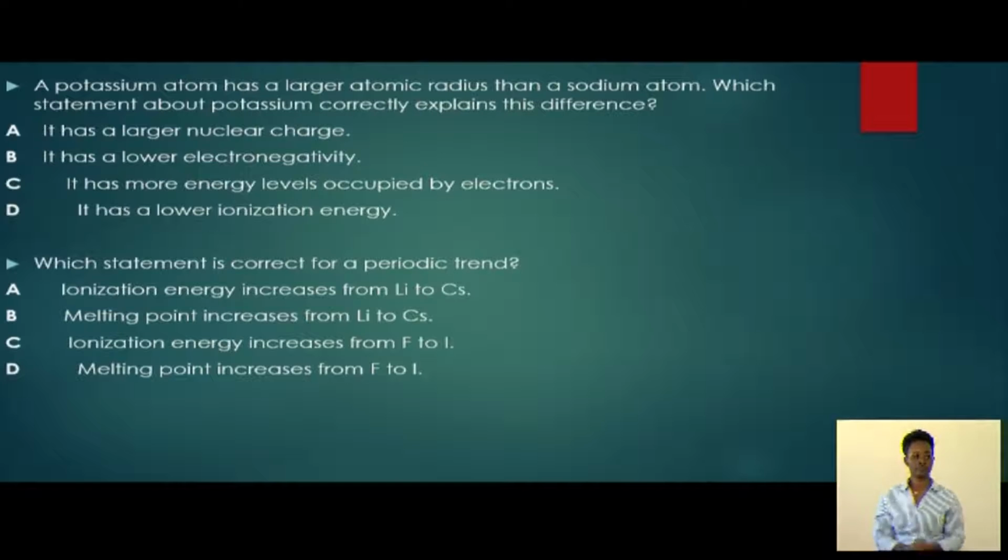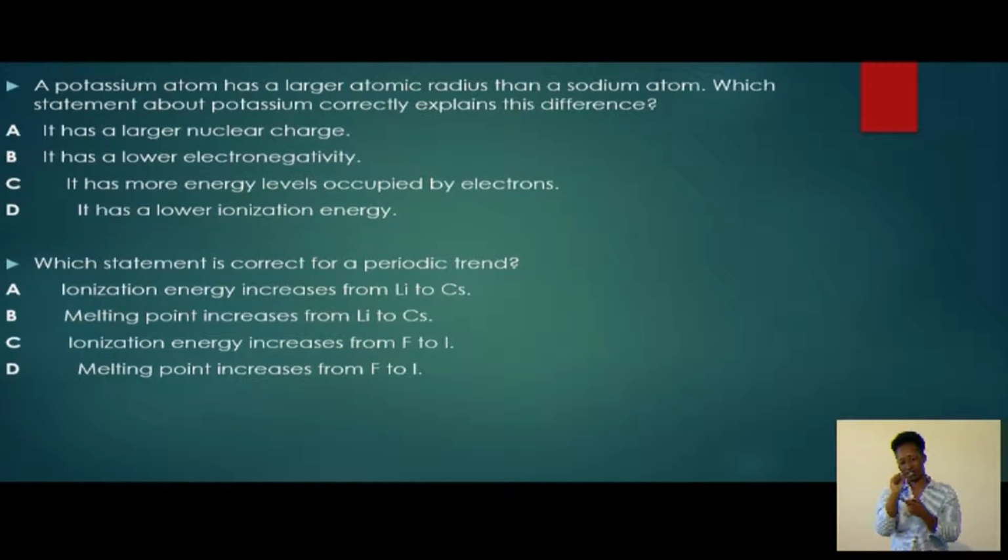And the last question of the multiple choice questions is, which statement is correct for a periodic trend? A, ionization energy increases from lithium to cesium. B, melting point increases from lithium to cesium.